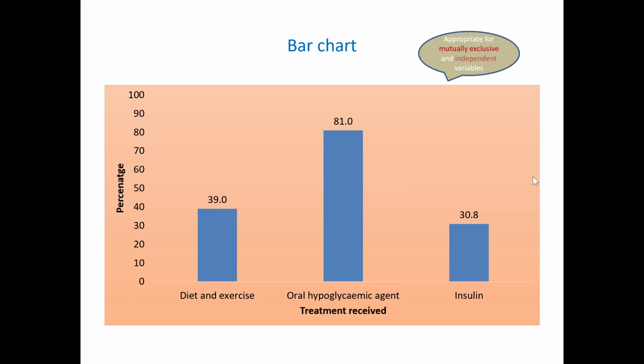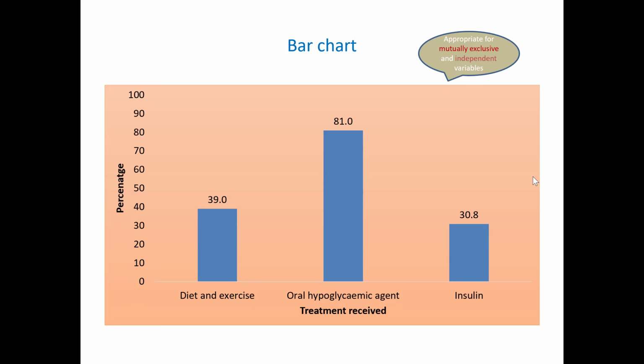So here, we are talking of the treatment modality for diabetes. Somebody may be on diet and exercise together. In fact, one may even be on diet alone or exercise alone. Someone may be on oral hypoglycemic agent, that is the tablet that lowers blood sugar.